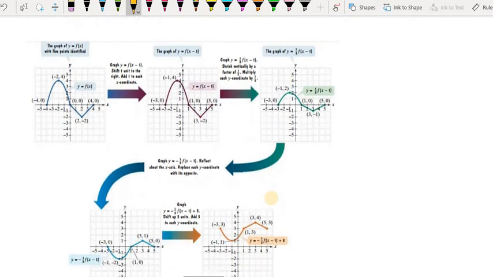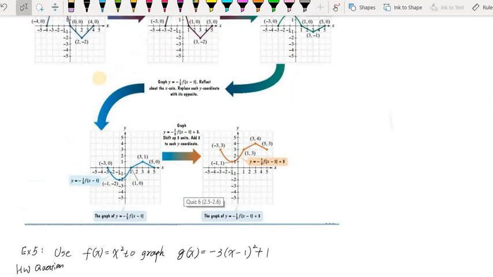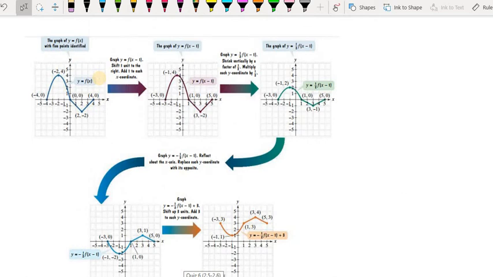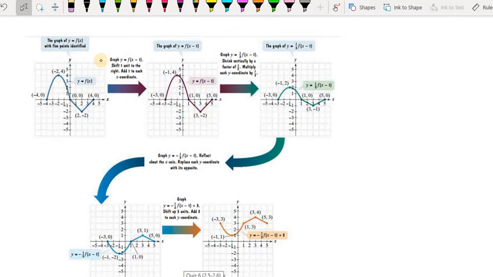Okay. Let's look at your textbook. Your textbook gave you this graph transformation. We're doing it just in one graph, but if you look right here, it's exactly the same concept. Here I give you the graph. From here we start with the original graph, and then we move everything to the right side one, just like we have done.